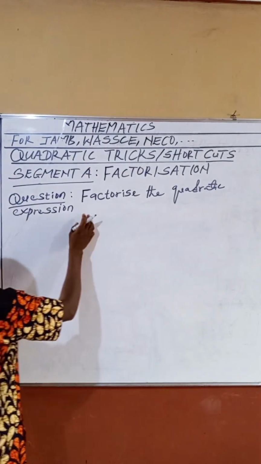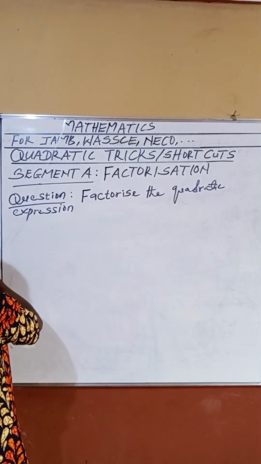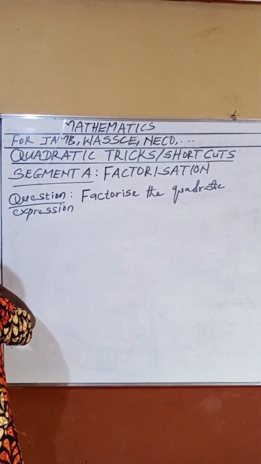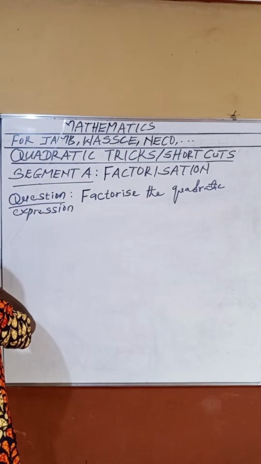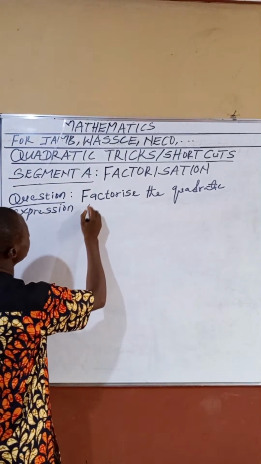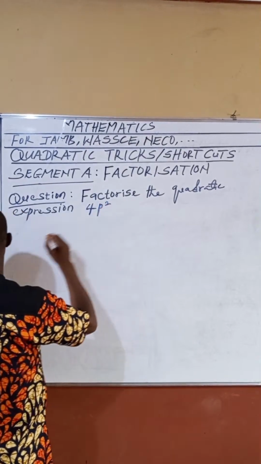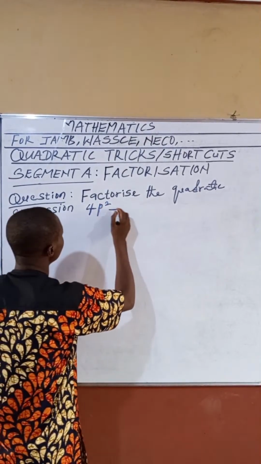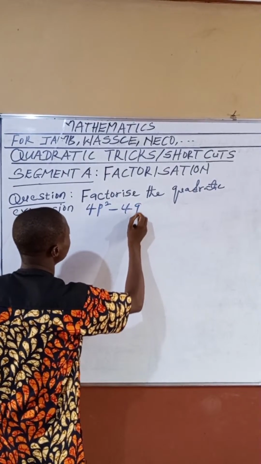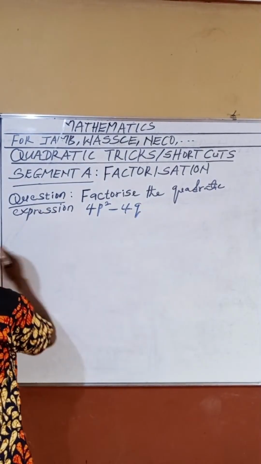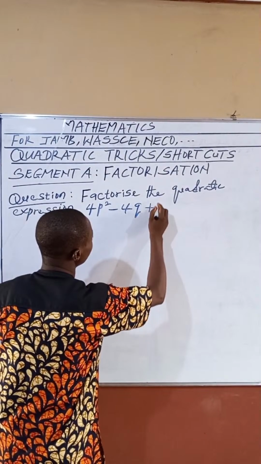So here we have to factorize the expression. The expression here is 4p square minus 4p plus 1.